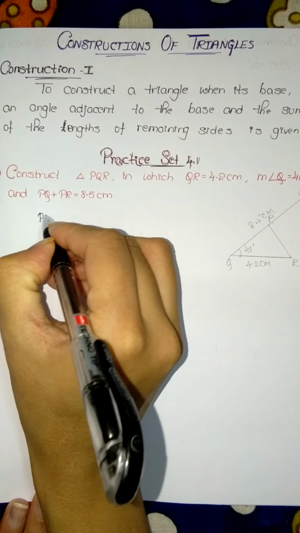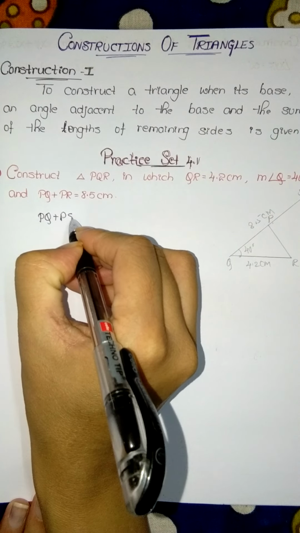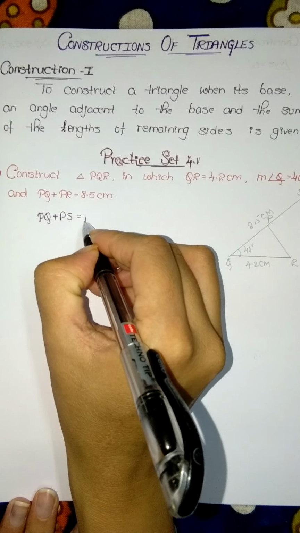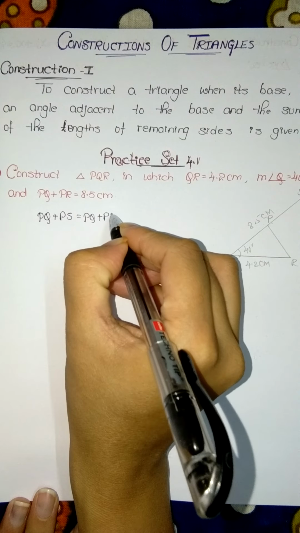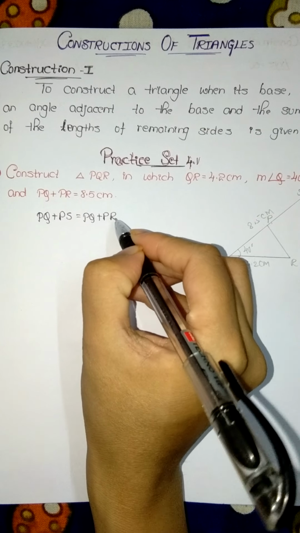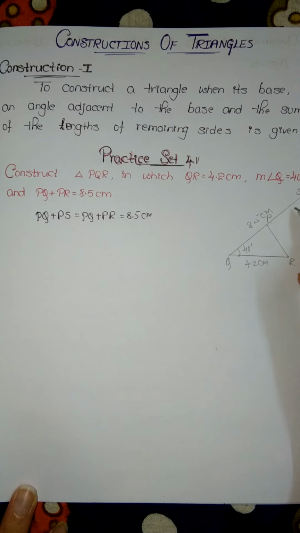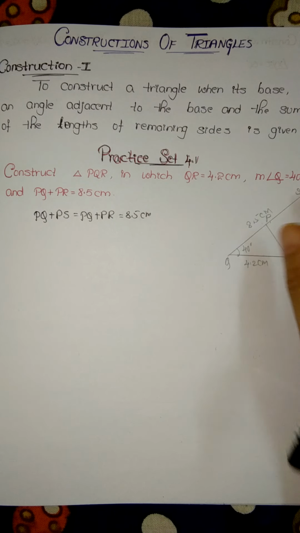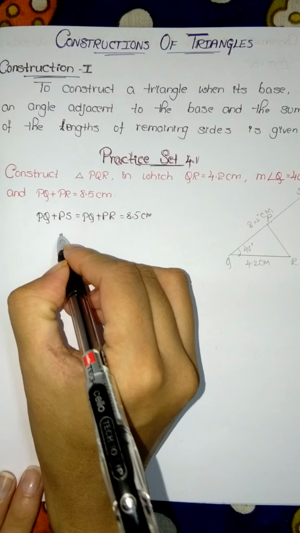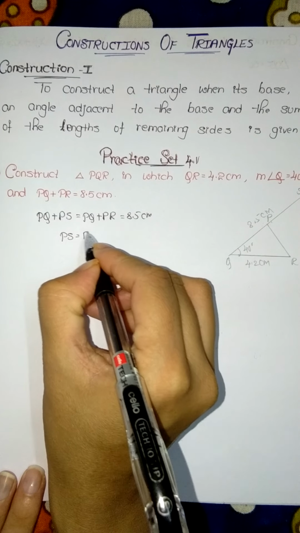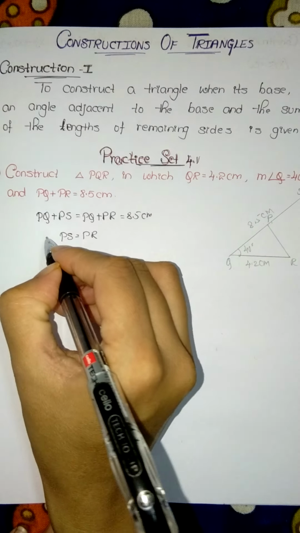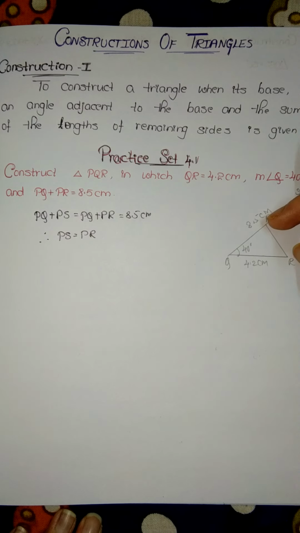Here PQ plus PS is equal to PQ plus PR, which is equal to 8.5 centimeter. So these two together are 8.5 centimeter, which means PS is equal to PR. Therefore this length and this length are the same, so these two measurements are equal.